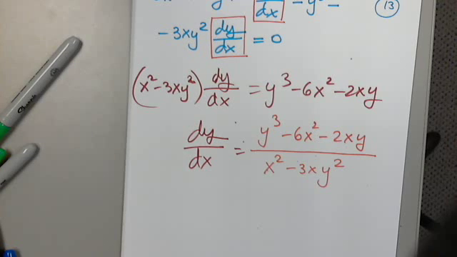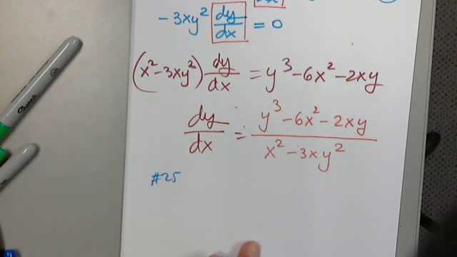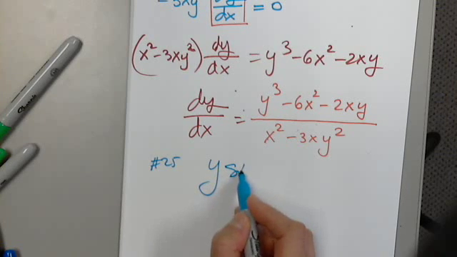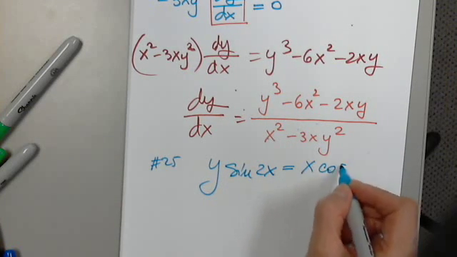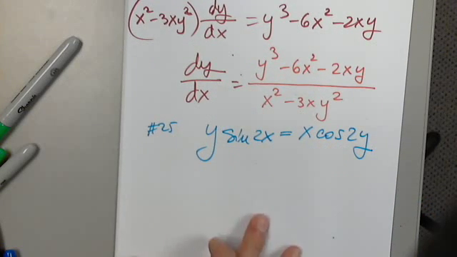Let's take a look at another. Okay, let's say 25 caught my eye. y sine 2x equals x cosine 2y. Oops, it looks awful. What are we asked to determine? What do you think?